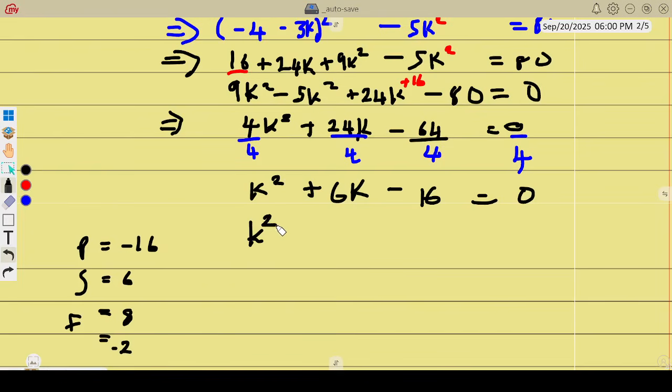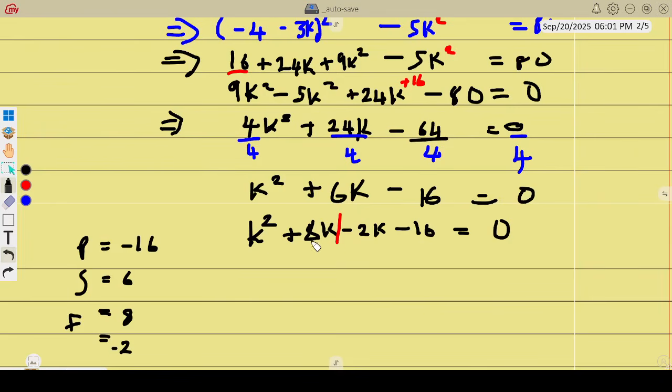So this will be k squared plus 8k minus 2k, and then minus 16. This is equal to 0. And then we try to factorize.